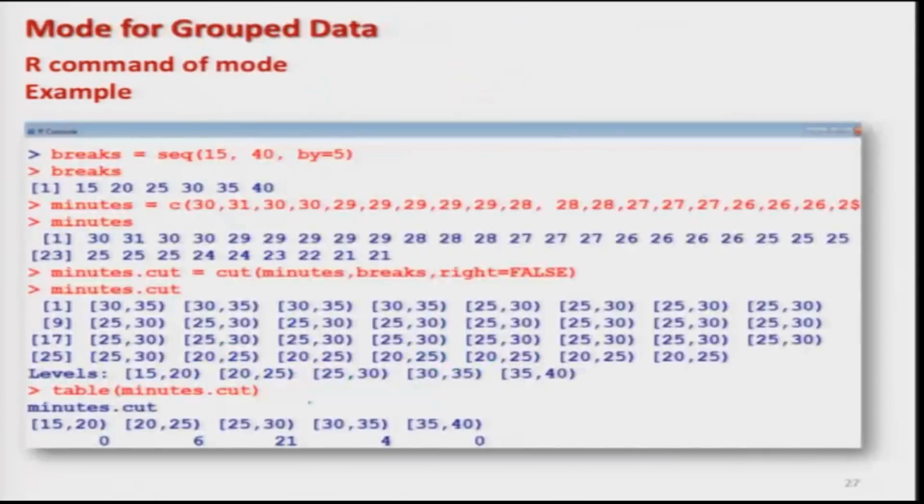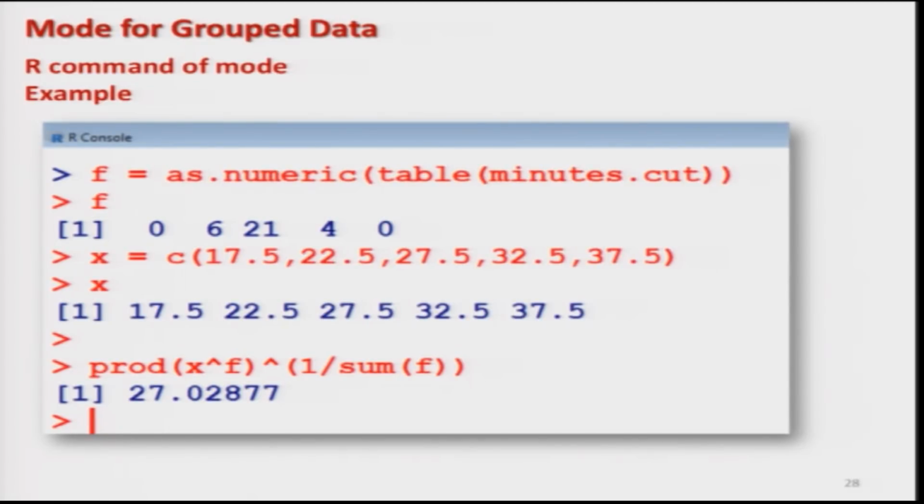Here I have given the screenshot, but I would request that you simply copy these commands, paste them into your R console and see whether you get the same outcome or not. This is the same outcome which you will get here.